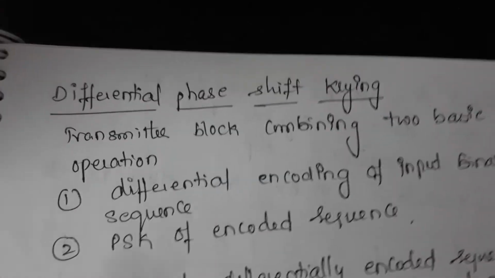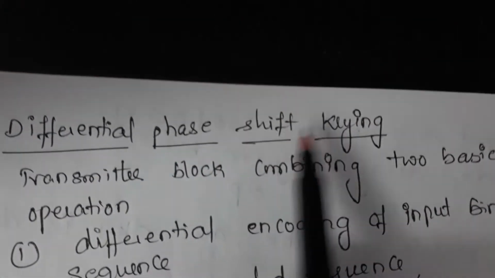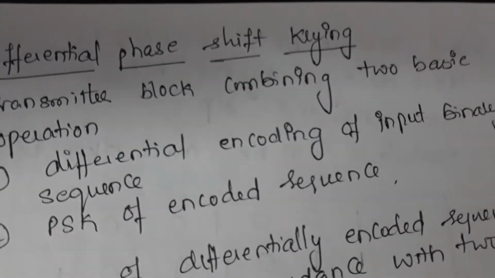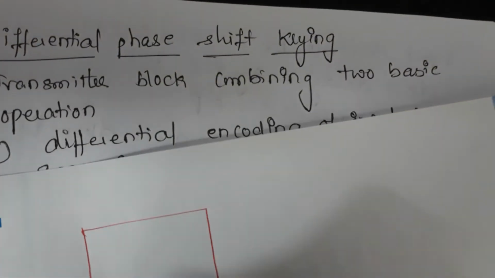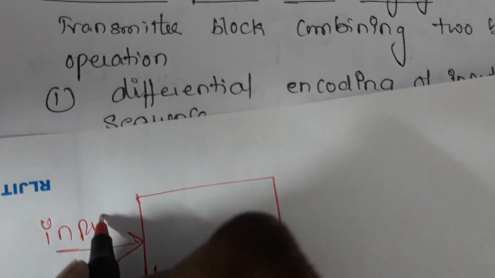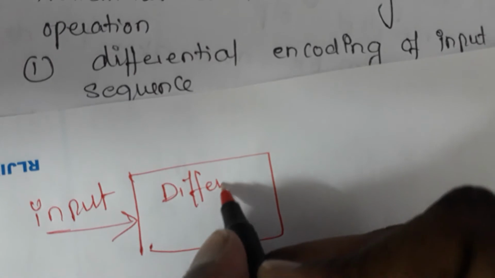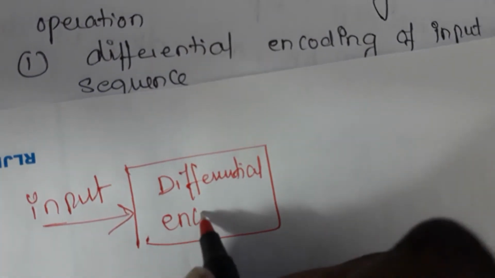Now I am going for the next topic. It is very important: differential phase shift keying. It has two parts. Here is the block diagram: the input comes here. The first part is called differential encoding.